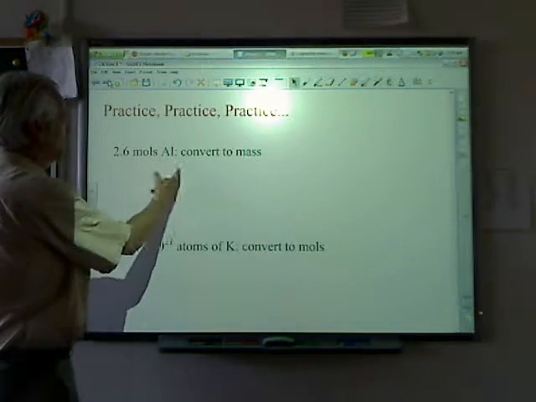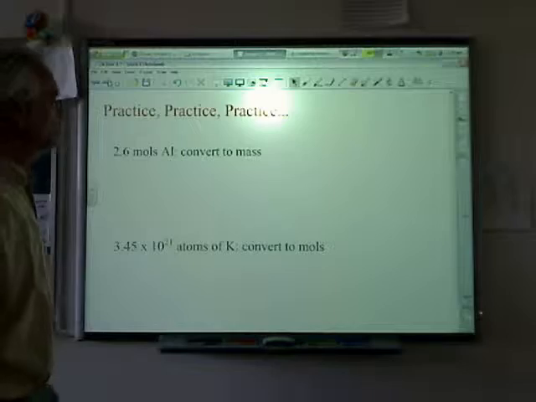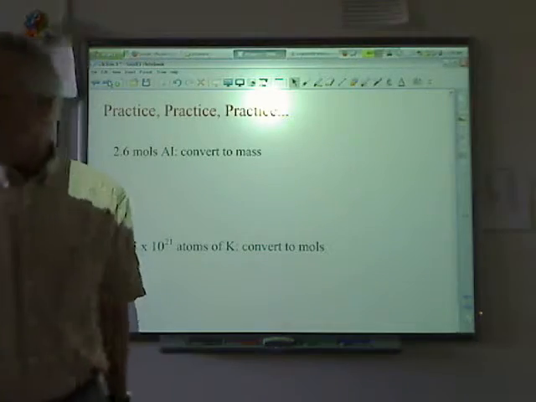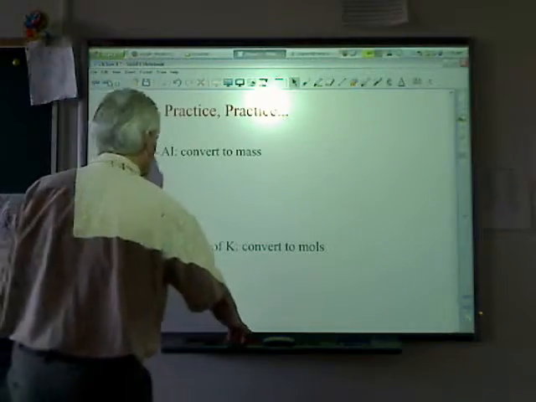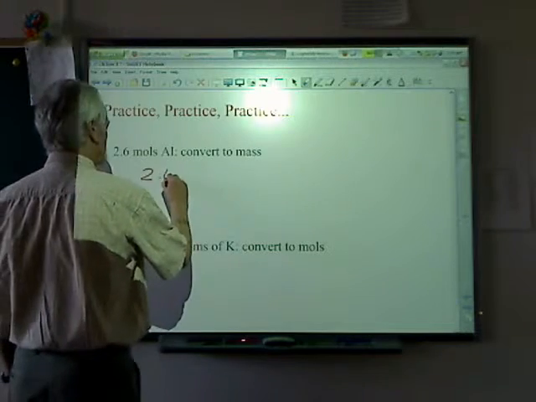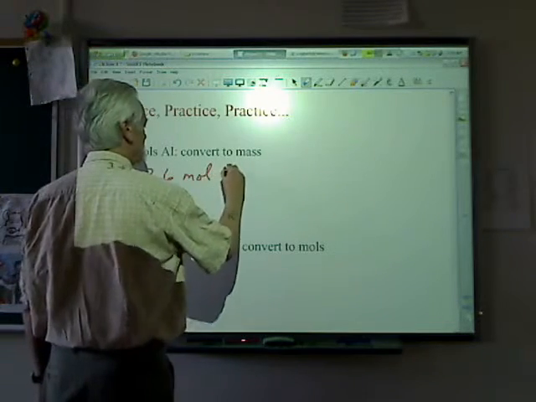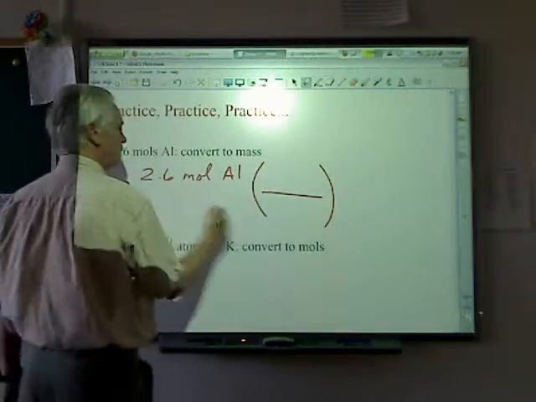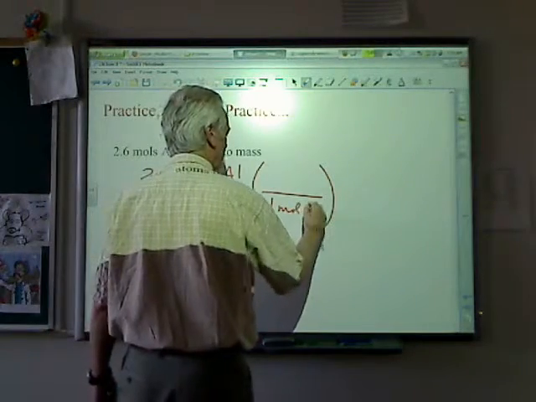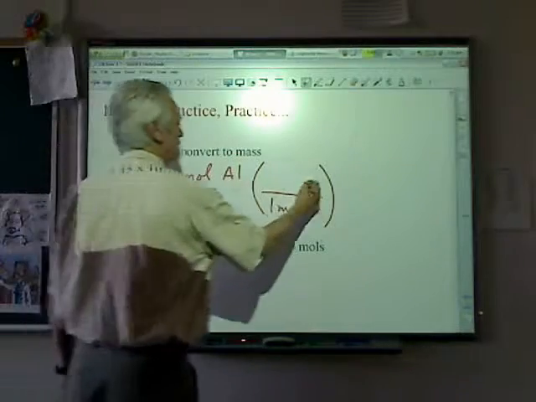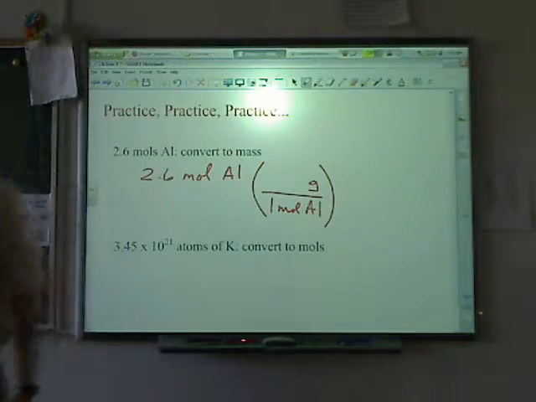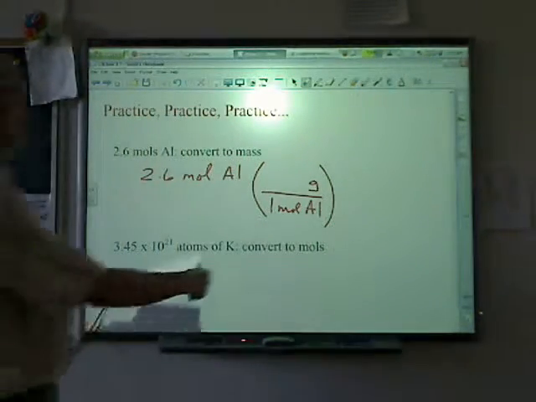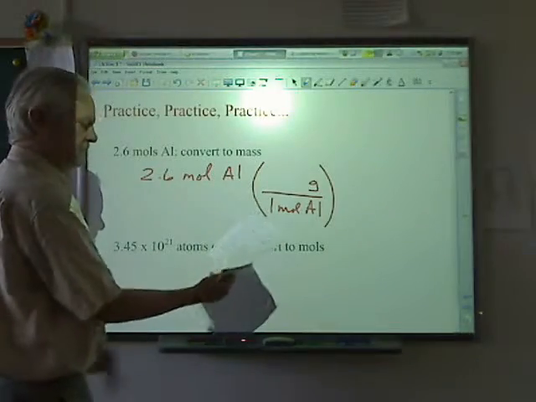Let's just say we're going to convert 2.6 moles of aluminum into mass terms. All we would have to do, of course, is configure our conversion factor to convert moles, 1 mole Al, into mass grams. And all I have to do is grab my trusty periodic table, find the molar mass of aluminum.